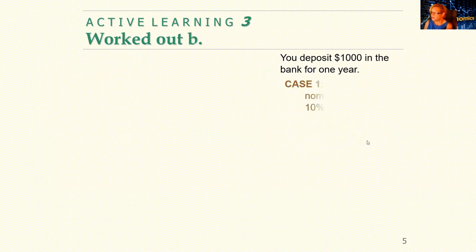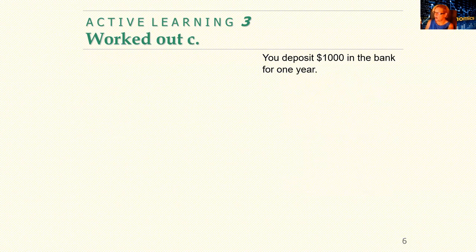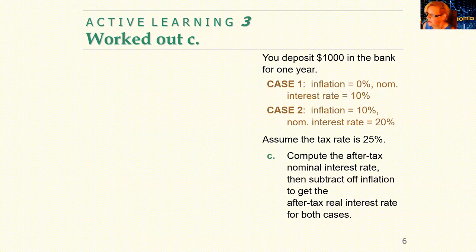All right, here's our second question. Assume the tax rate is 25%. In which case do you pay the most taxes? I'm going to go ahead and take C as well. The first thing we want to know how to do is to compute the after-tax nominal interest rate. After-tax means everything you get to keep.